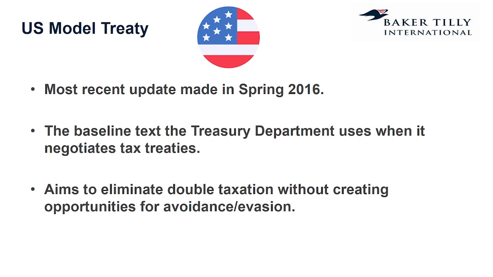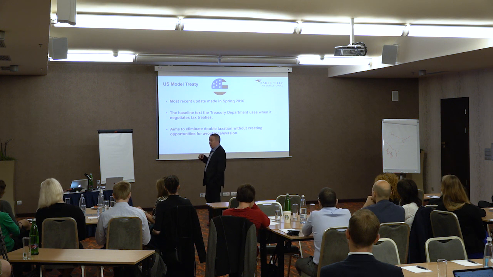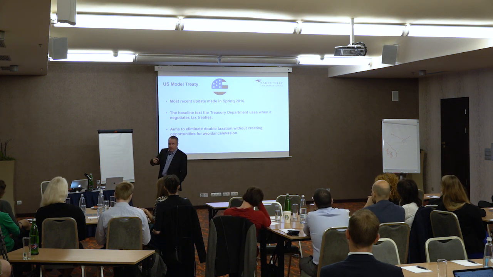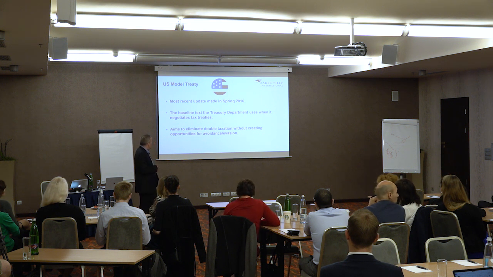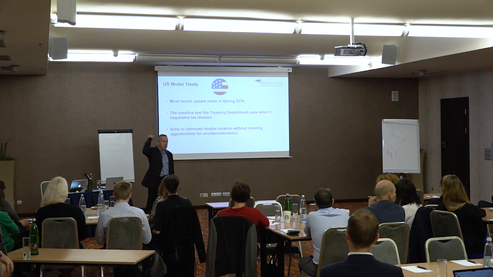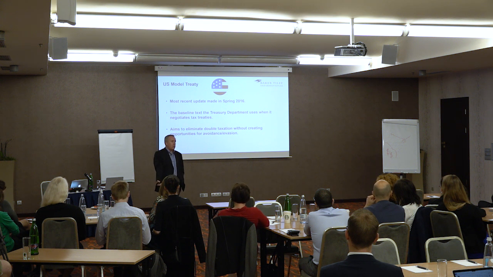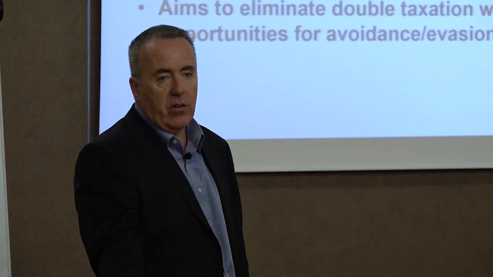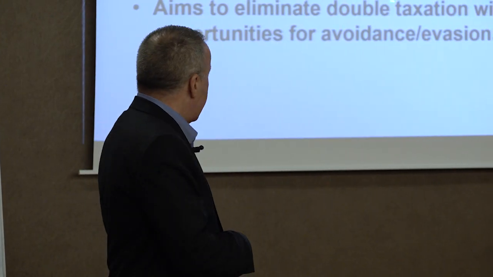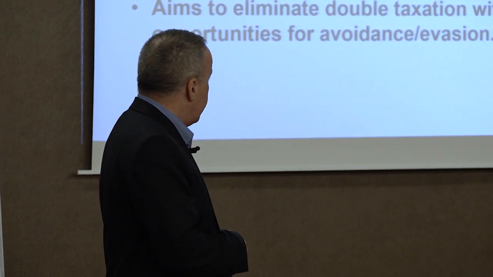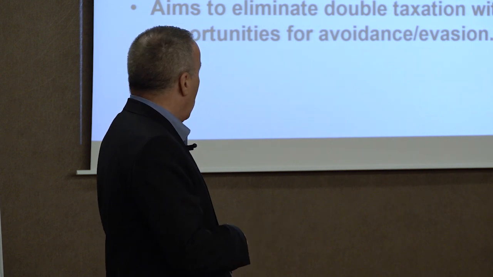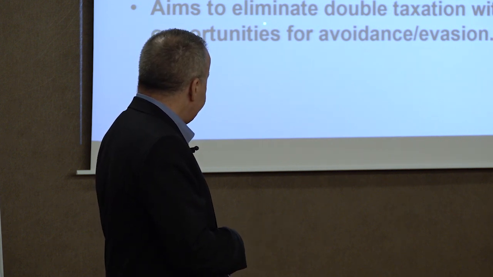Whenever the US Treasury Department goes into negotiations on a double tax treaty, like that internet dating thing where they finally get together, the thing they drop on the table always is the US Model Treaty. They won't drop the UN Model Treaty or the OECD Model Treaty on the table. The US Treasury official, or the ambassador, will always use the US Model Treaty.